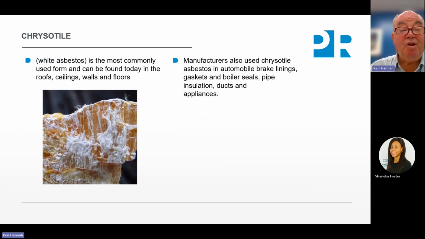So what does it look like? Well, in its raw form, this is what it looks like, but you would not be able to identify it as such in a structure. But it is mined. It's a rock, and it isn't manufactured, but it's used in the manufacture of various building components, or it used to be before it was banned in the year 2000 in the UK.